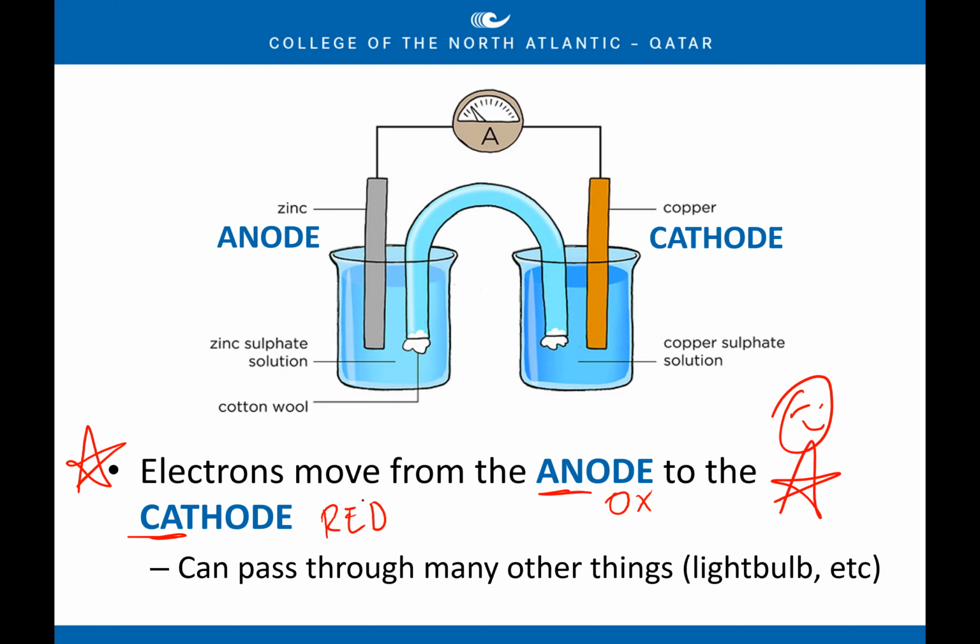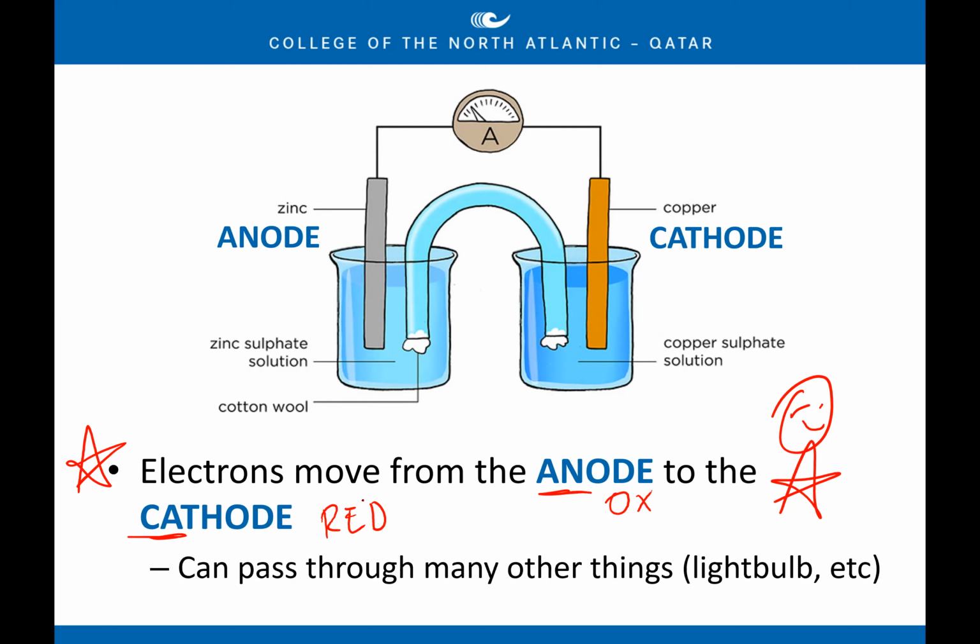Now, think about it. If anode is where oxidation happens and the cathode is where reduction happens, logically put that together. We've been talking about redox for a few weeks. Oxidation, the chemical loses electrons. Cathode, the chemical gains electrons. So of course, electrons move from anode to cathode.